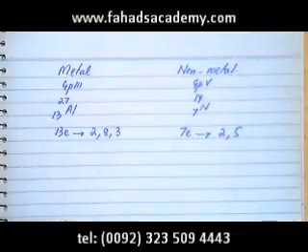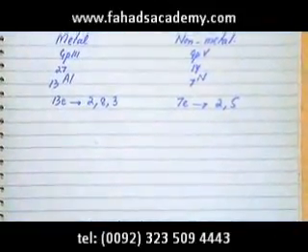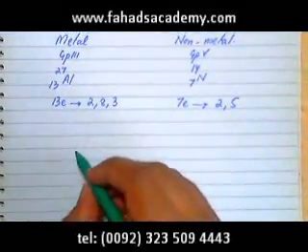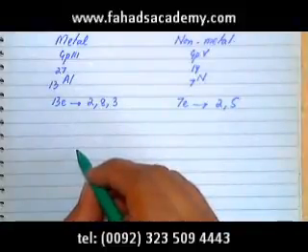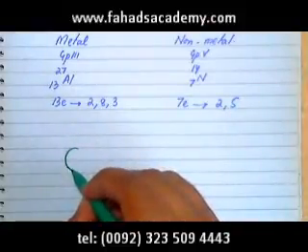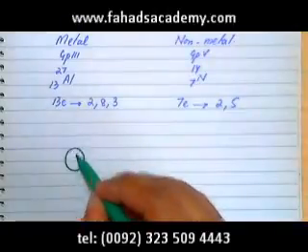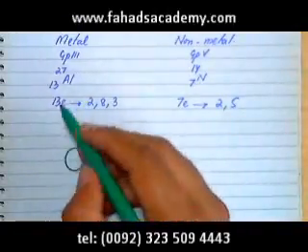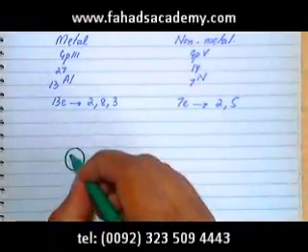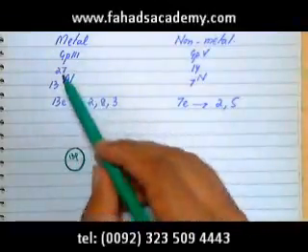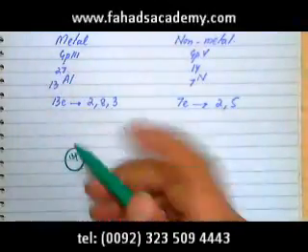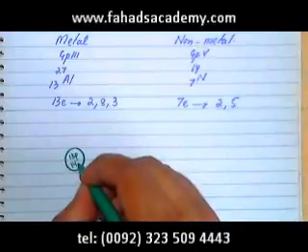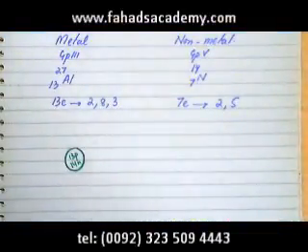We can draw the atomic structure of the 2 atoms first. I'm going to draw the atomic structure of aluminium. This is the nucleus. It has 13 protons, and 27 minus 13, it has 14 neutrons.